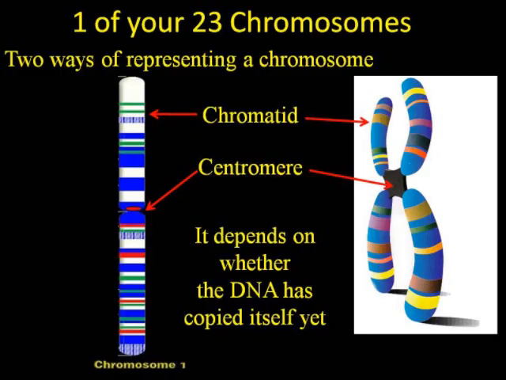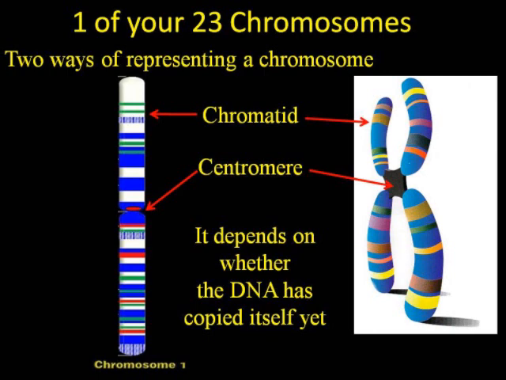Now, the DNA is such a long molecule that we have to fold it up, and it's intricately folded into packets called chromosomes. It's too big to fit into one big packet, so we've split it into 23 packets.